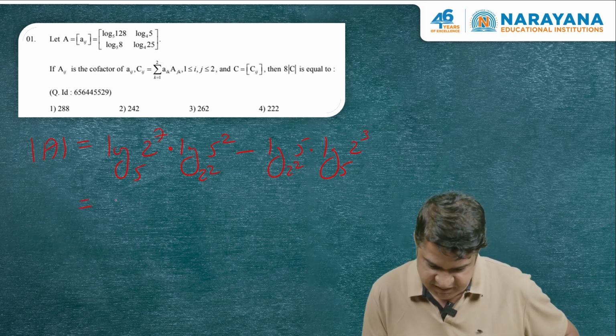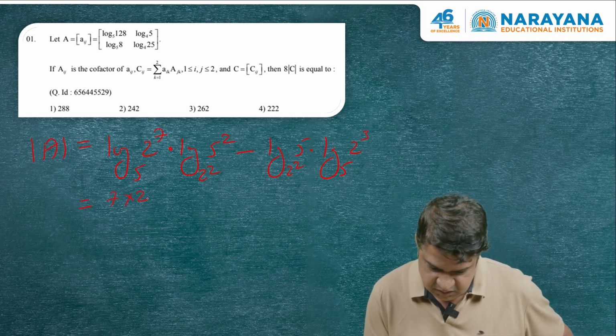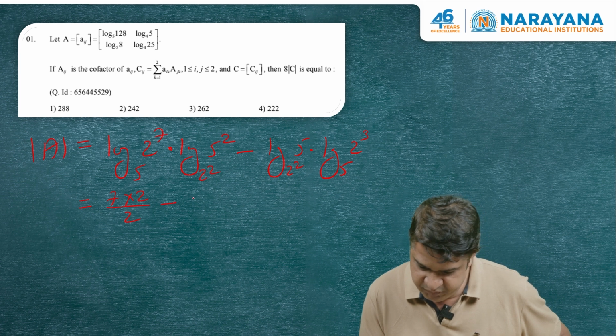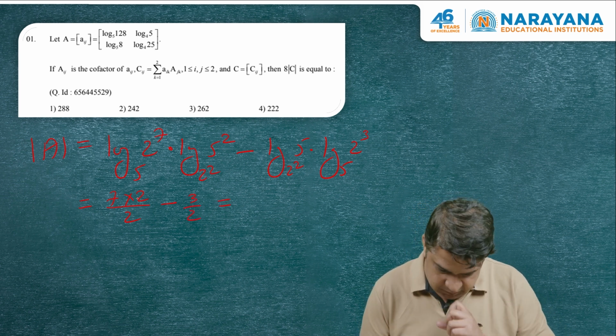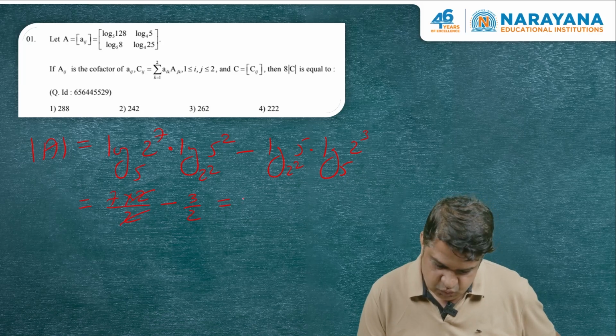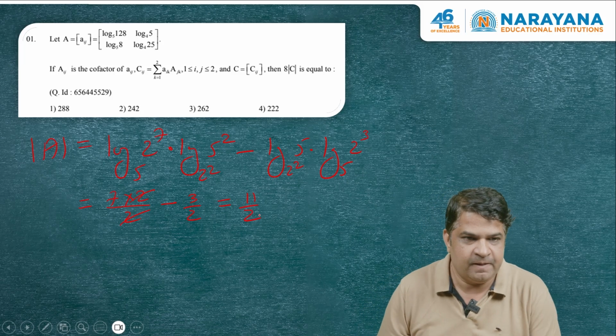If we simplify it, we will get 7 into 2 by 2 minus 3 by 2, which is equal to 11 by 2.